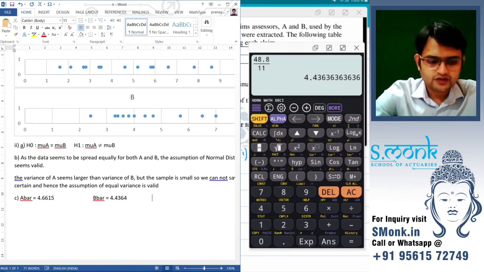Then I'll calculate s A square. To write this, you can directly use the equation editor.